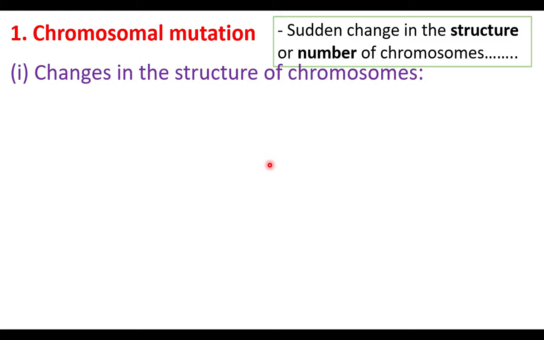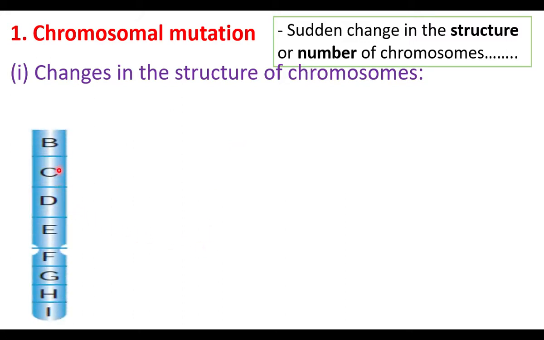During cell divisions, sometimes the chromosomes break and rejoin. This results in change in the structure of chromosomes. Chromosomal mutation may be change in the structure of chromosome and change in the number of chromosomes. Change in the structure of chromosome is due to chromosomal breakage and rejoining.